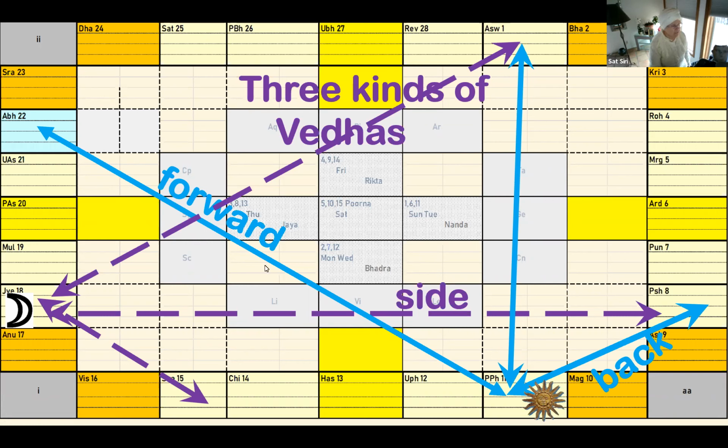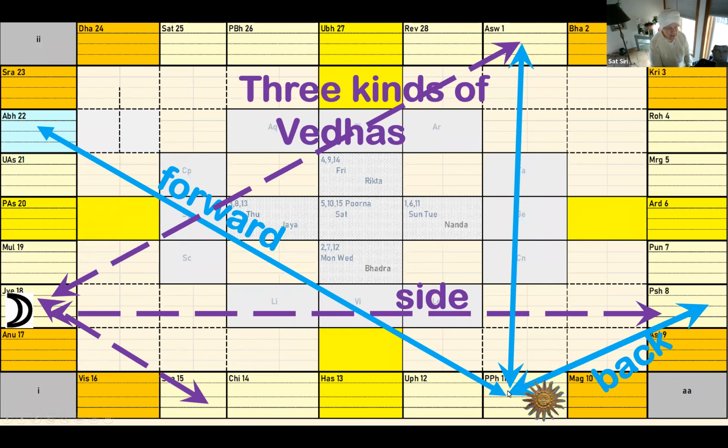So the energy of a Veda, whether it's good or bad, will depend on the planet it's coming from, and it will depend on the condition of the planet. So the backward and forward Vedas will impact the diagonal Vedas, that is, the other factors that they pass through diagonally.